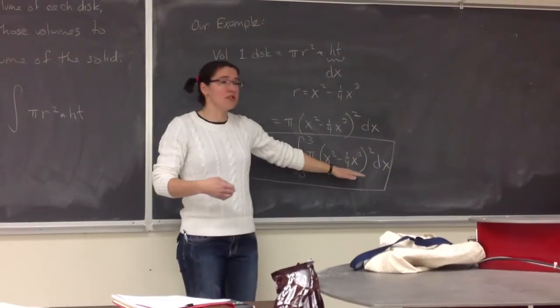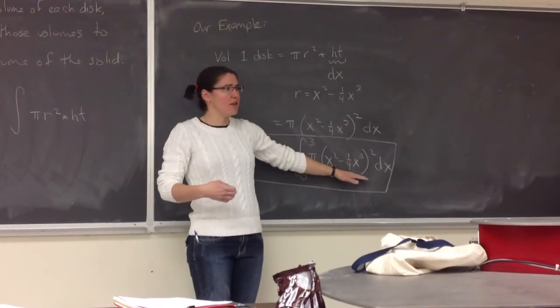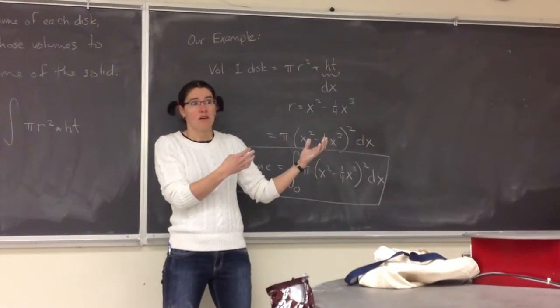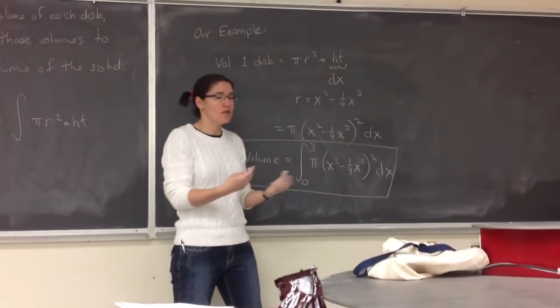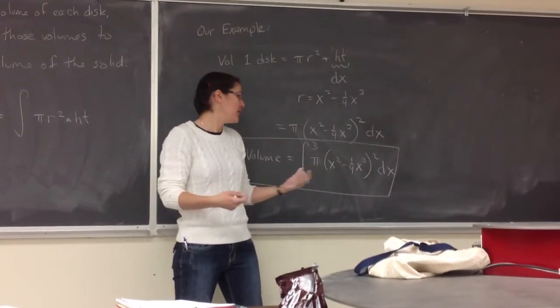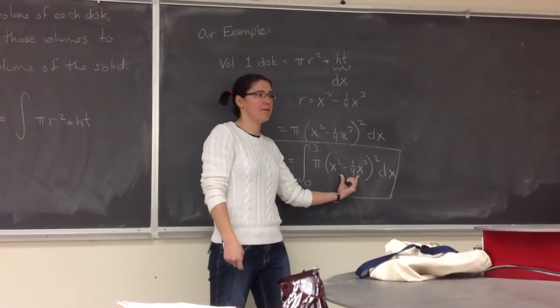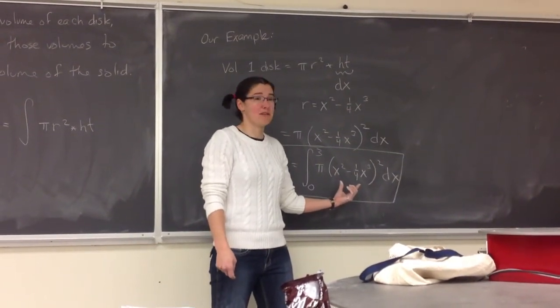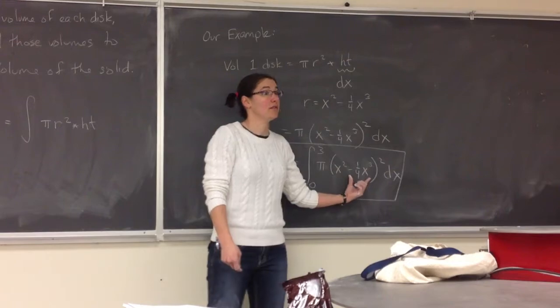And in addition to that, I look at my integrand and I think, oh, I've got fancy stuff raised to a power. Can I use a u substitution? No, because if I let u be my inside function, the derivative's not going to get canceled. So my best option is probably going to be to expand this out.